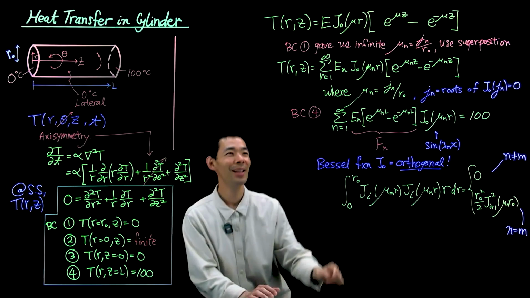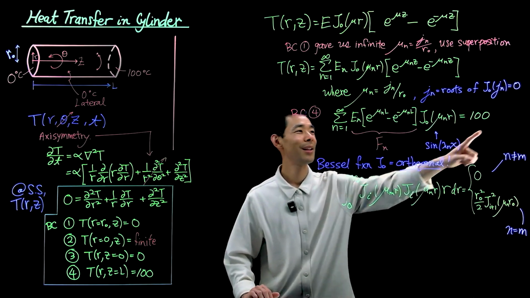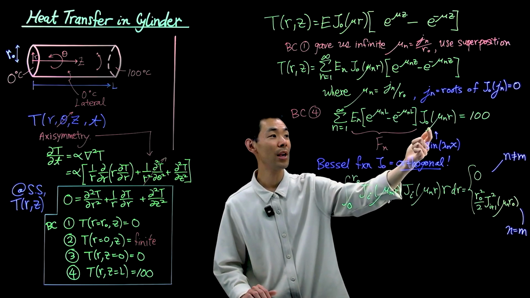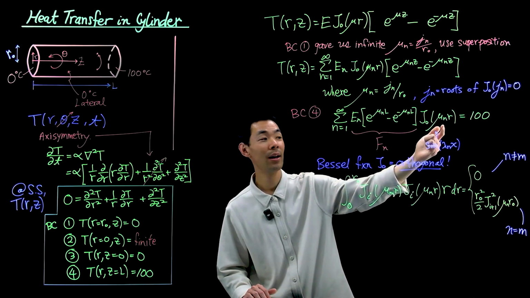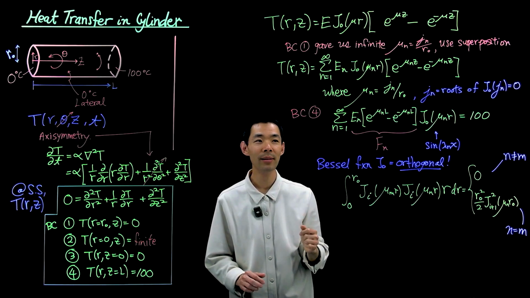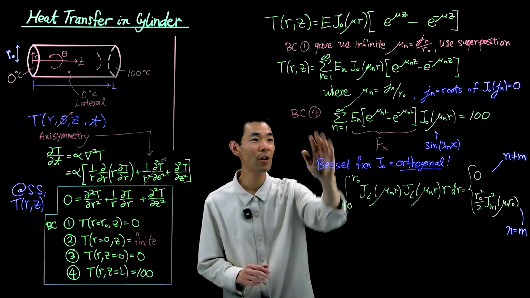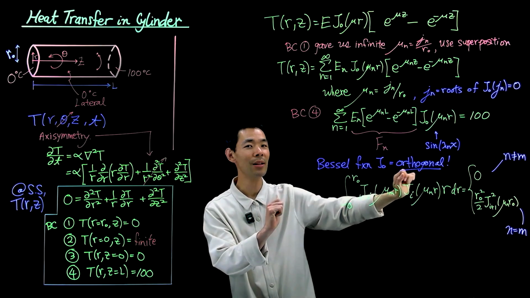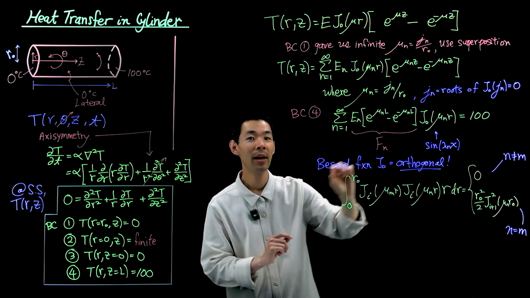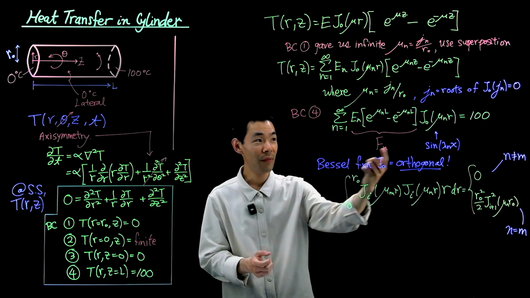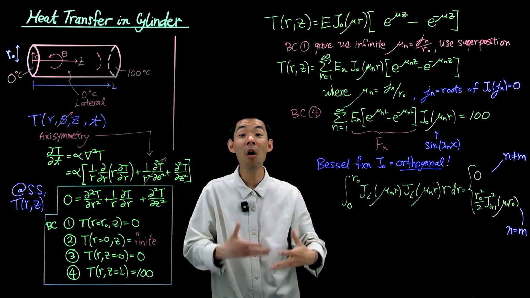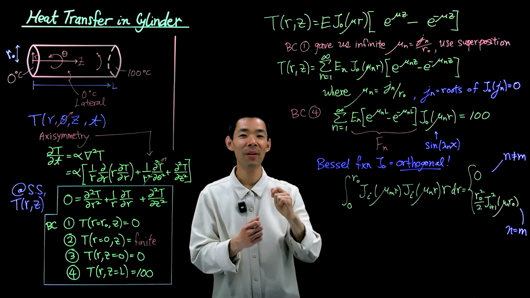So all we need to do is to take this equation, multiply both sides by j0 mu m r, both sides, integrate from 0 to r0, and what we'll find is that every term inside the summation is going to be identically equal to 0, except when n and m are the same, and we can pick out uniquely the value of the coefficient f sub n for that value, and build up all of our weights and our coefficients by varying the value of n.